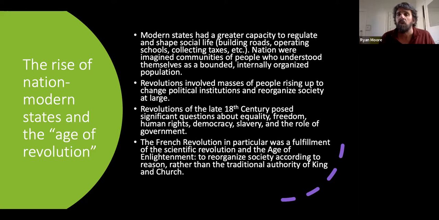So the French Revolution asserted the idea that the masses of people, and not just the king and the queen and the aristocratic ruling class, can and should reorganize society according to democratic principles and according to equality and ideas of freedom and reason.